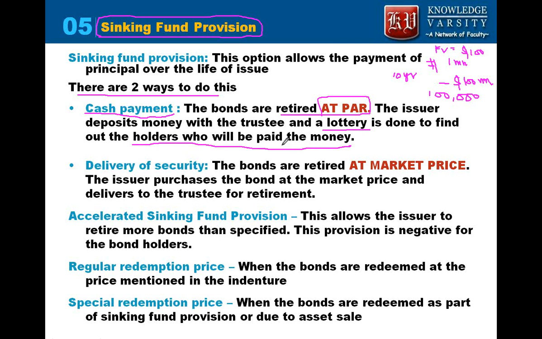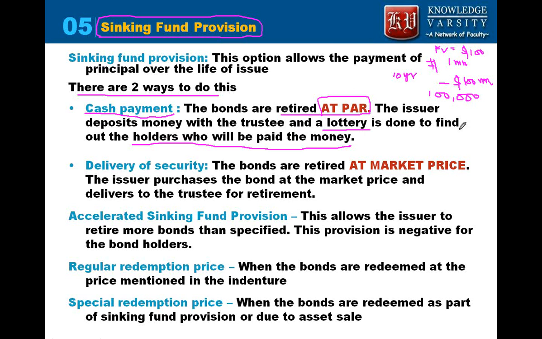Since this is not beneficial to the bond holders, it is an unfortunate event for them. So what the bond issuer does is deposit money with the trustee and ask the trustee to do a lottery, select the investors and pay them back the money. This is done at par.